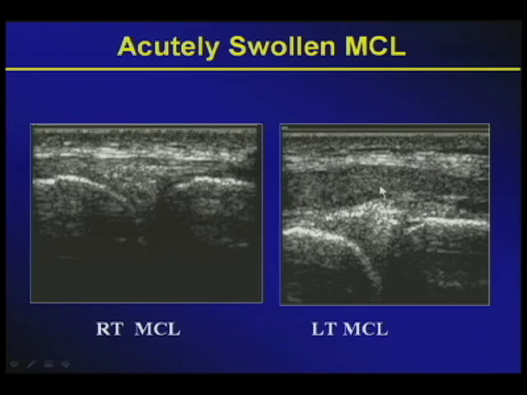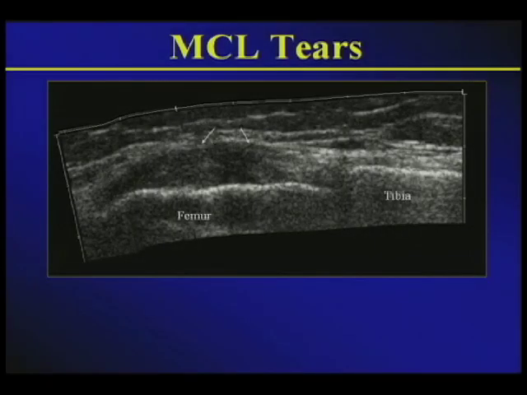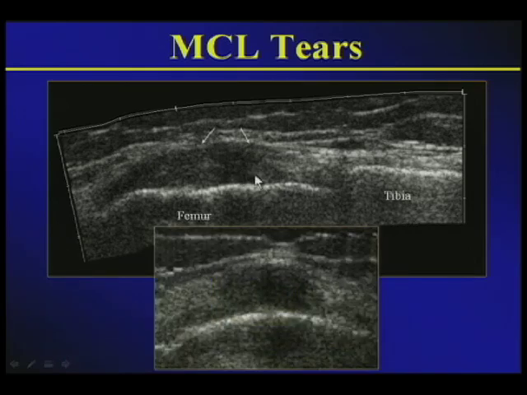In comparison to the affected side, notice that there is a large collection of fluid, in this case acute or subacute blood, separating the superficial layer from the deep layer in somebody with an acutely swollen medial collateral ligament strain. Medial collateral ligaments like to tear at the femoral level, as you can see here, with the disruption with this hypoechoic cleft separating the superficial layer from the deep layer, both in long axis and in short axis.